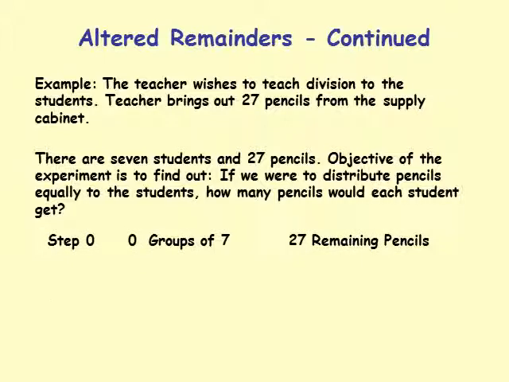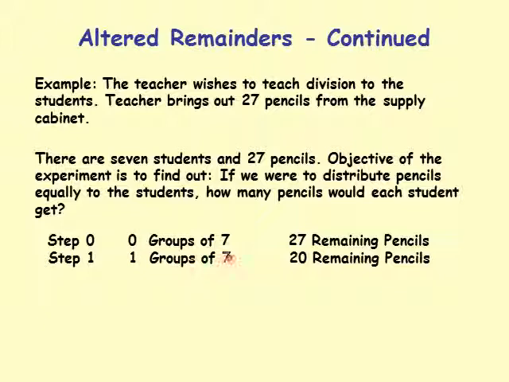At step 0, we have 0 groups of 7 and 27 pencils remaining. We are trying to find out how many groups of 7 pencils we can extract from the 27 pencils we have. At step 1, we subtract a group of 7 from the pencils, and we make one group of 7.